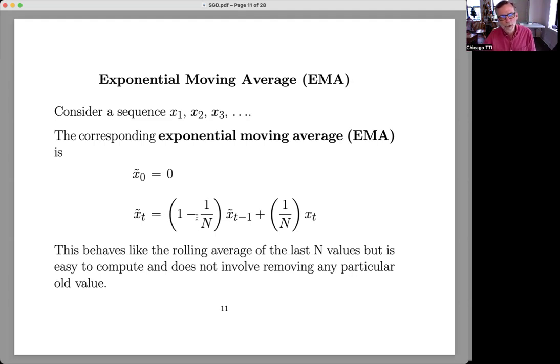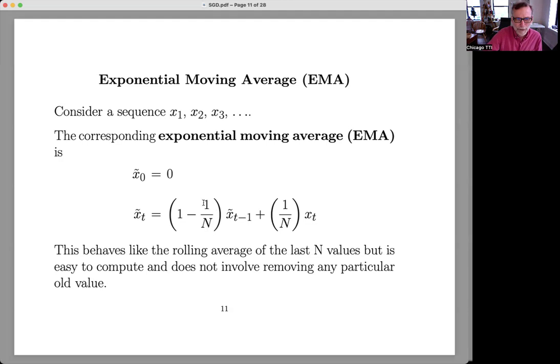But when you formulate the exponential moving average, you keep this sequence, x tilde t, which is the moving average, and you update it by first multiplying it by a number less than 1, which is 1 minus 1 over n, where n is intuitively the window that you're averaging, and adding 1 over n times xt. Okay, so this is an exponential moving average, an EMA.